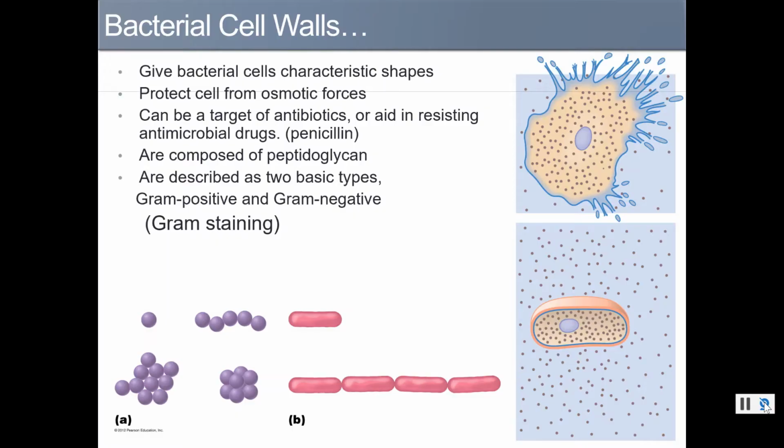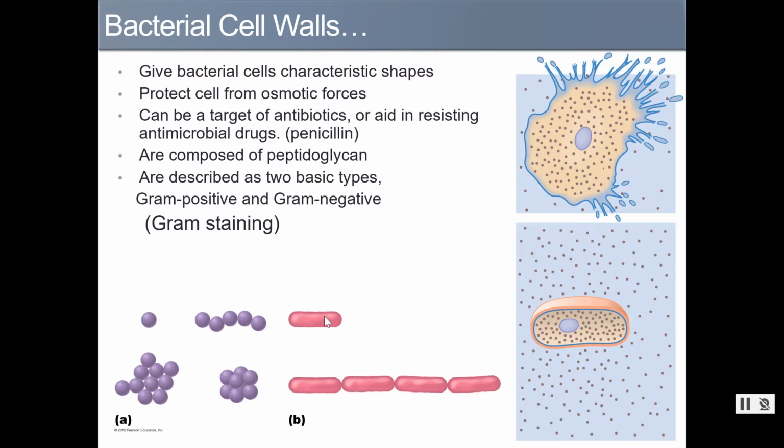Okay, so let's look at our cell wall in a little more detail. We said its main function is to protect against osmotic forces. That's a eukaryotic cell membrane that's lysing there versus a prokaryotic cell that's protected. It also gives it characteristic shapes. We've mentioned the circles are coccus, the rod shaped is bacillus.